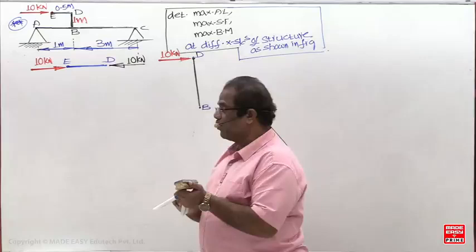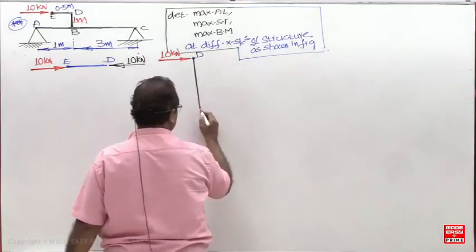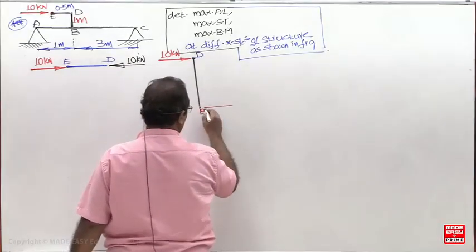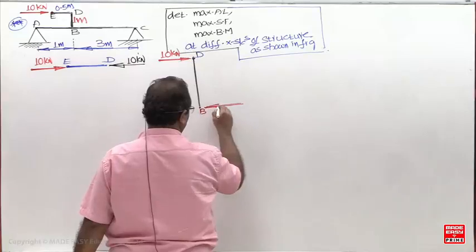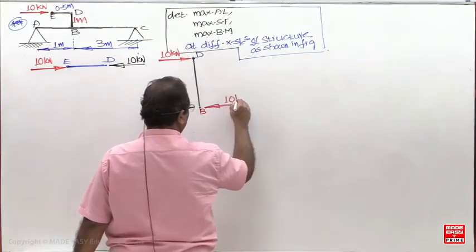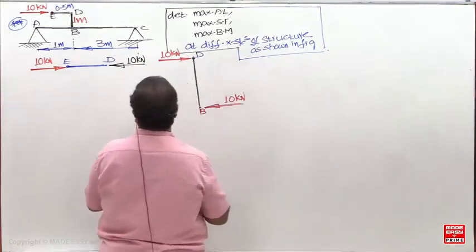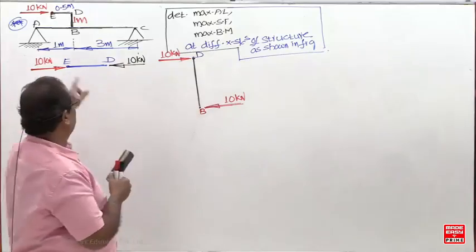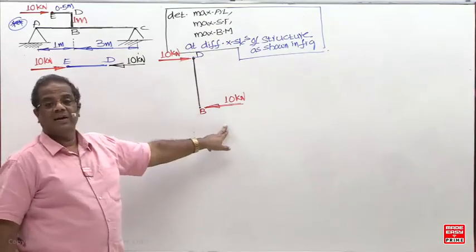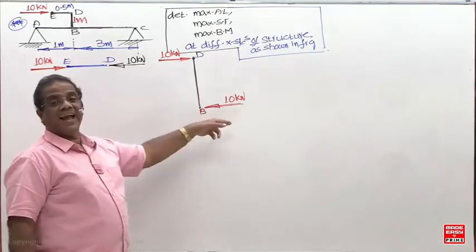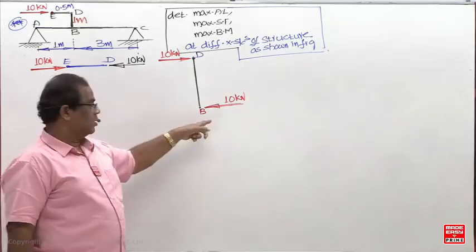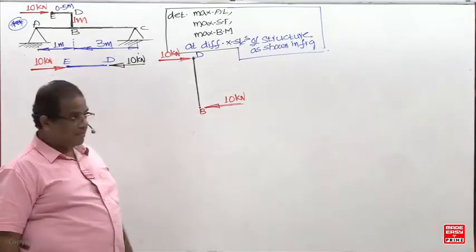AC is acting as a support. So AC will provide a reaction. So this is the reaction provided by the AC member. But how is this reaction acting now? What type of load? This reaction is acting as a constant point load.